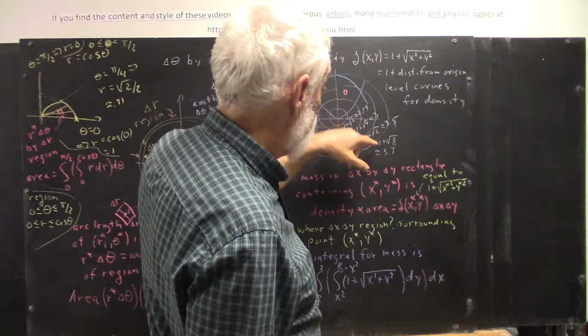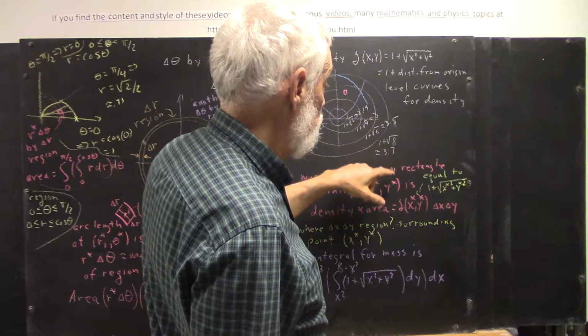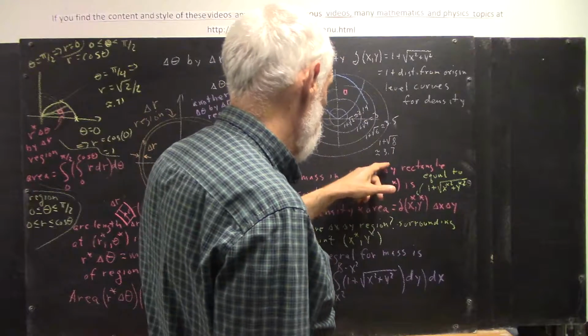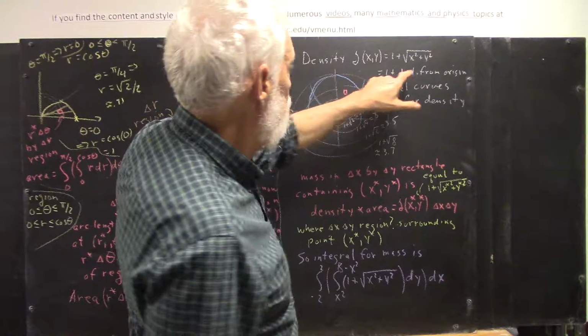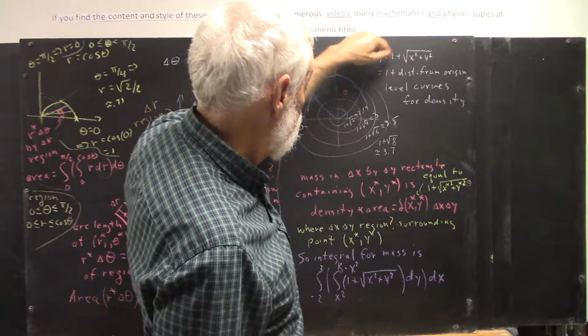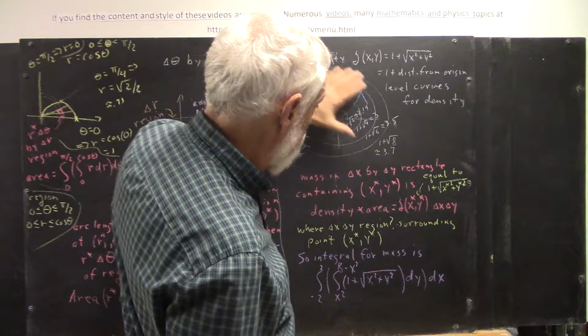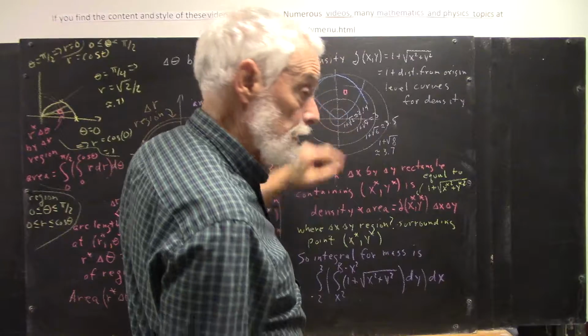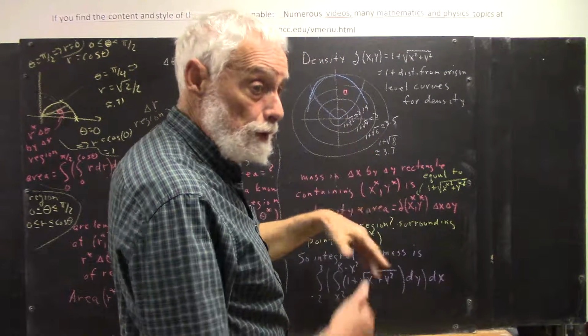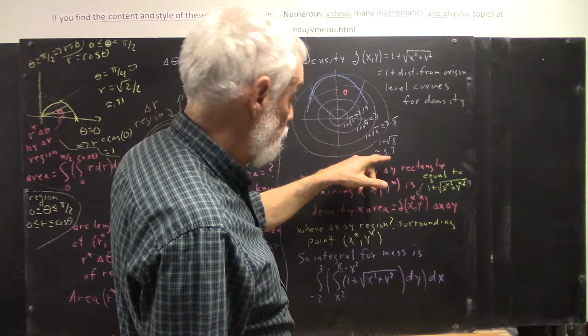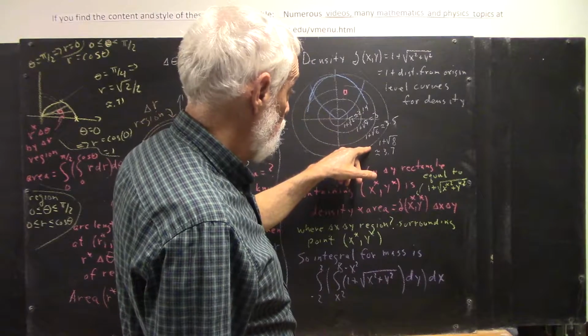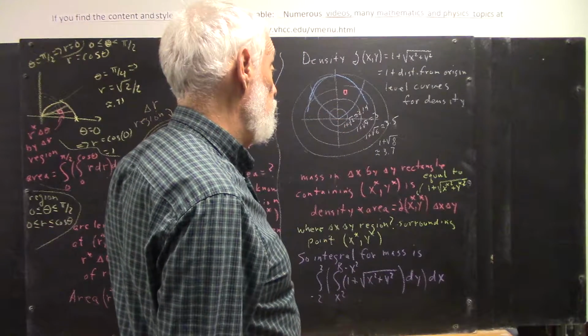So the density is 1 plus the square root of 8, which is about 3.7. Now the density at the origin, where x and y are 0, is 1. So whatever this material is, it's 3.7 times the mass per unit of area here compared to here.